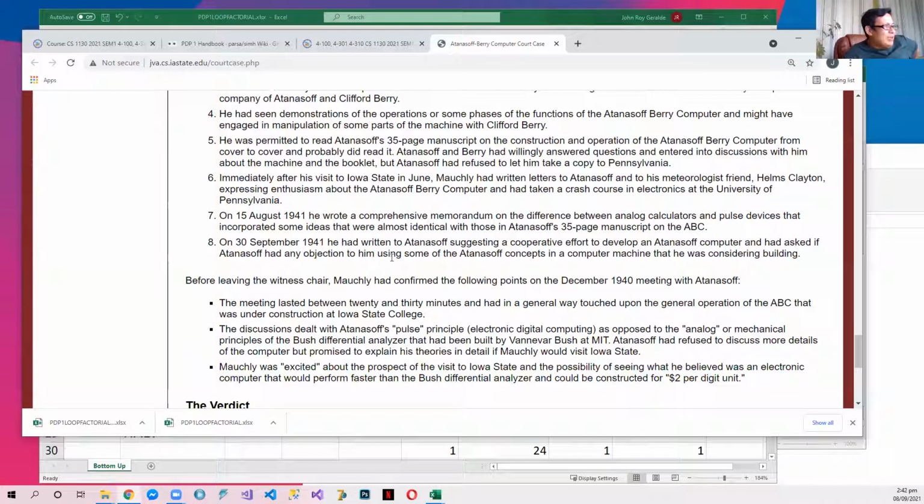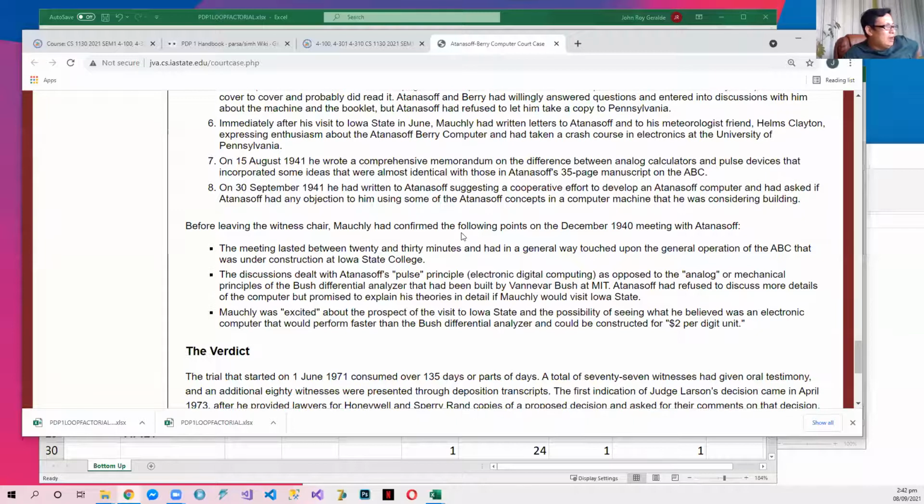Now, in 1941, he wrote Atanasoff suggesting that he would develop a computer. That computer was already ENIAC, because ENIAC was started in 1943. Do you follow?